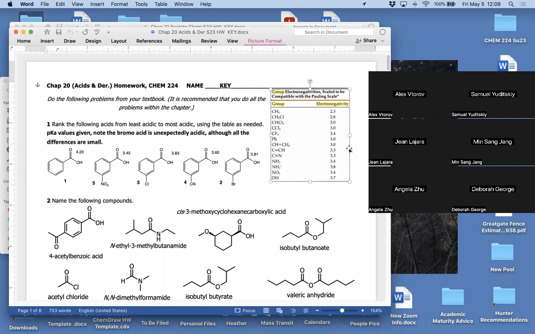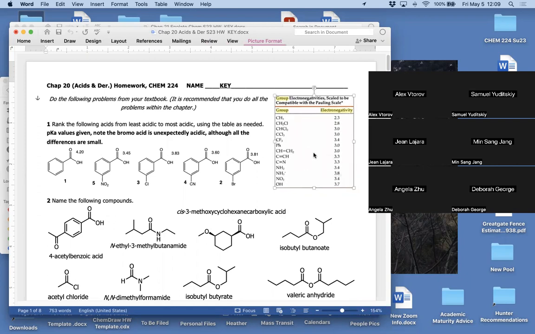If you don't remember it, not a problem. But there are group electronegativities that are quite useful, especially nitro. Nitro group has an electronegativity of 3.4. You can't use the electronegativity of nitrogen. It's not a normal nitrogen. So that's one where this is absolutely crucial.